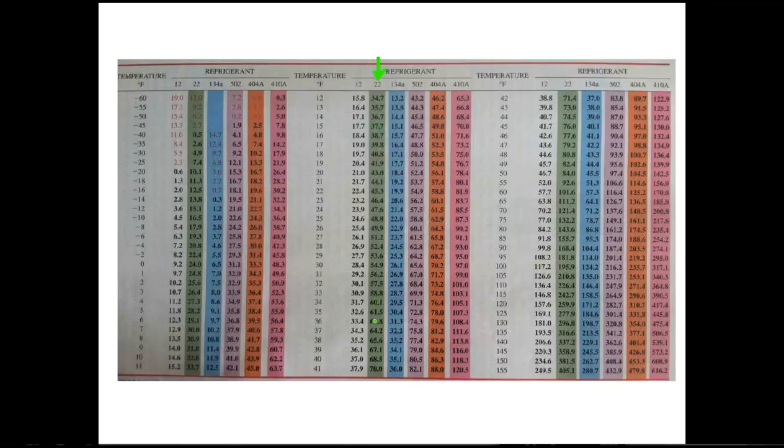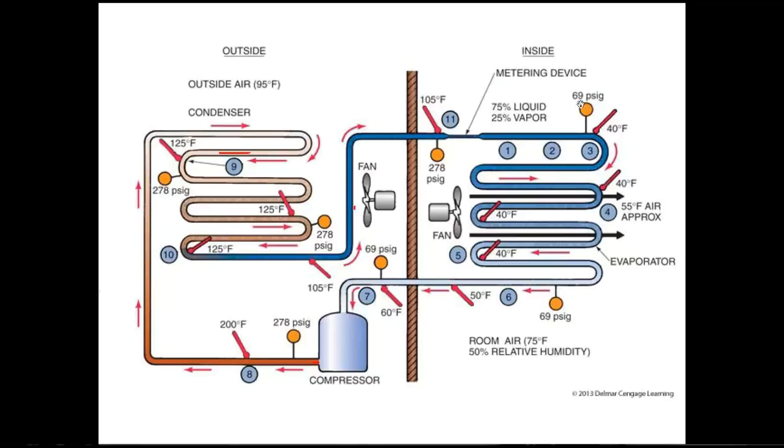And at 69 psig, which is right about here, if we read it over to our temperature column, you can see that when we have saturated refrigerant at, for the sake of argument, 69 psig, it is 40 degrees. And you can see here, our gauge reads 69 psig, and we have our thermometer on. We can't really measure this in the coil, but for the sake of our class, we do. If you could measure that coil, we would read 40 degrees.